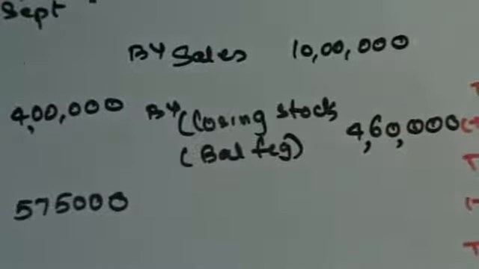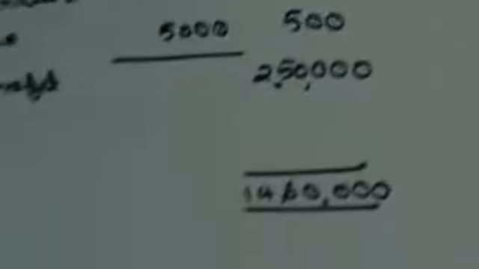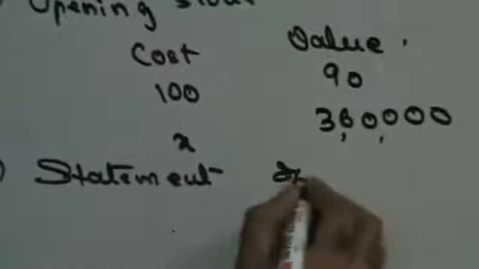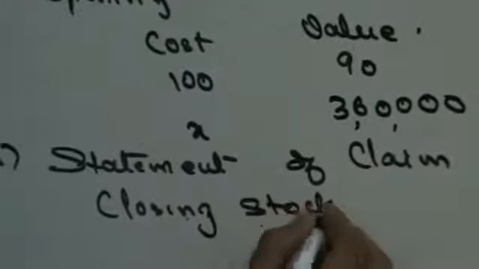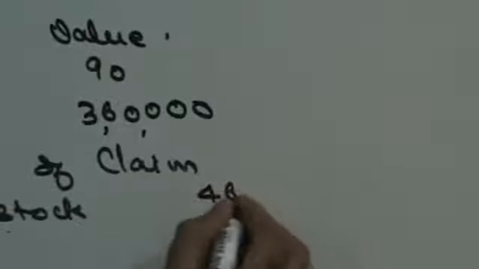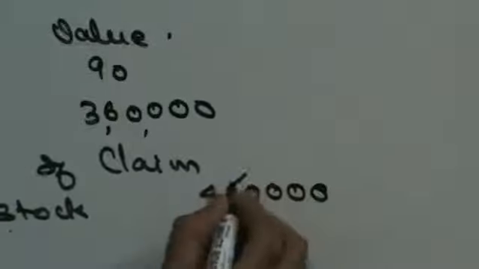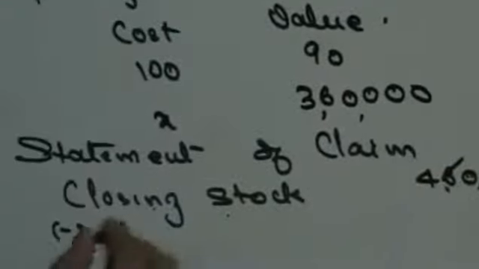Right? Next, let's calculate the statement of claim. Closing stock is given to you as 4 lakh 60,000, less salvage.